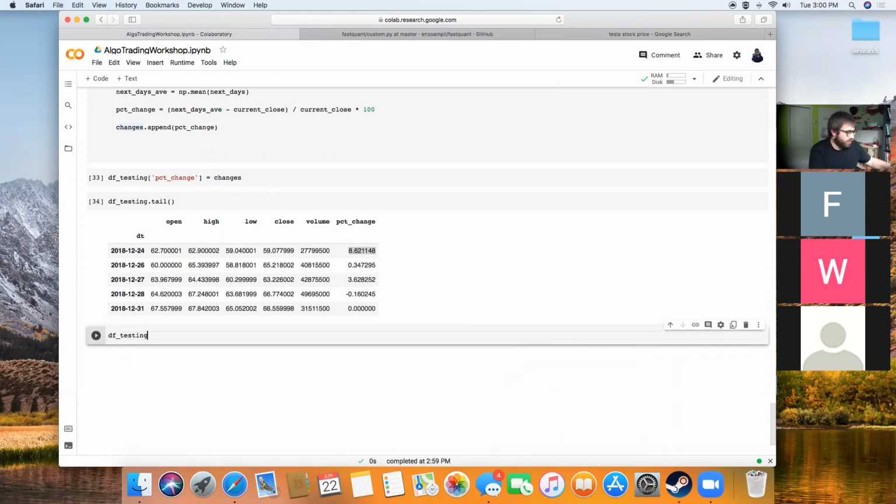So do you guys know how to filter data from a pandas data frame? Yes. Yeah, so for example, if I do loc, so when you're using this loc, you are kind of filtering based on the index, and the index here is the timestamp.